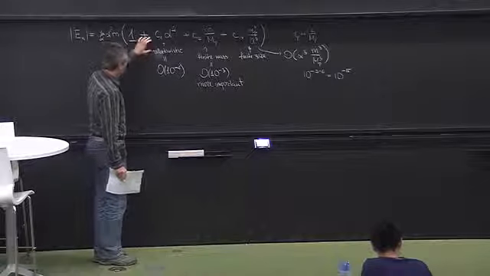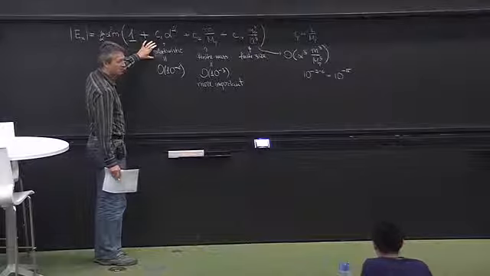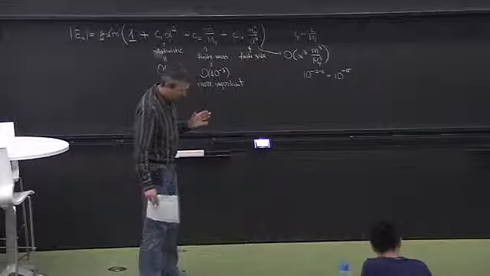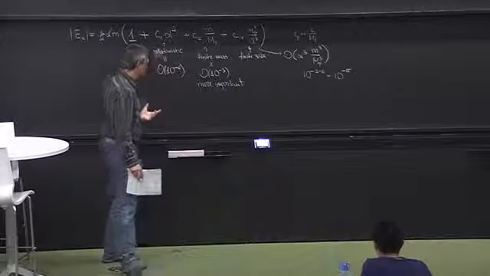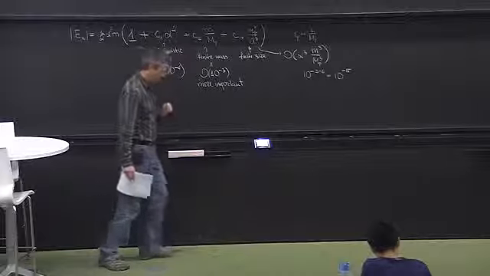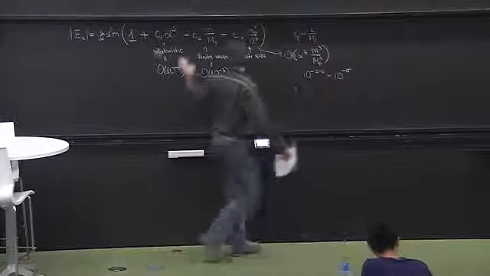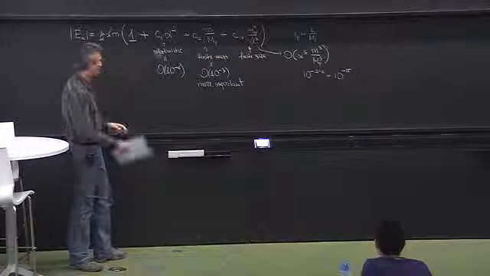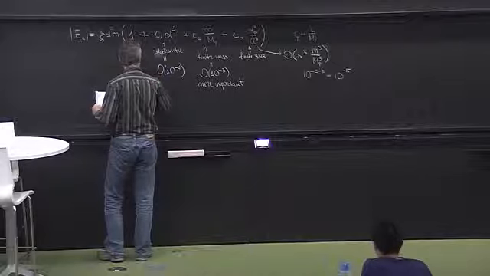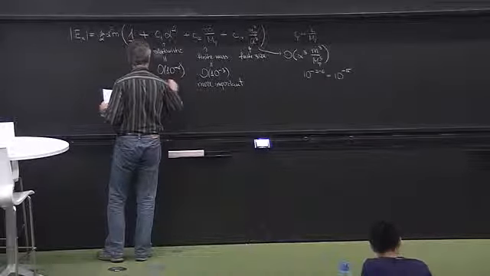This correction, although it's less important, lifts some degeneracies in the hydrogen atom. There are some accidental symmetries, and the energies of atomic levels only depend on the principal quantum number, but the correction depends on the angular momentum separately. So this resolves the fine structure of the hydrogen atom.